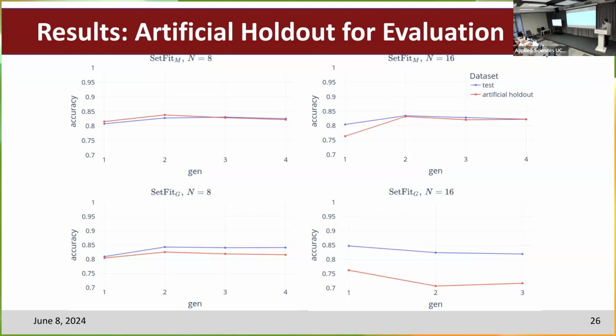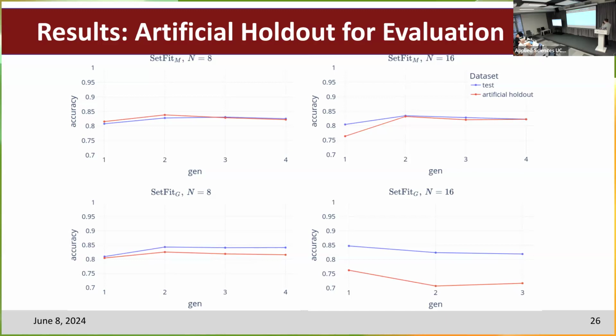And for multi-generational SetFit with 16 examples per label, the decline in accuracy is displayed right away with the second generation. So we stopped with the first generation, like I talked about before.